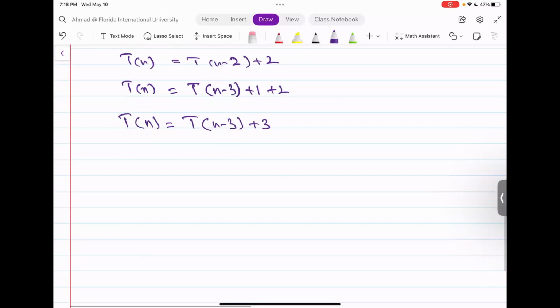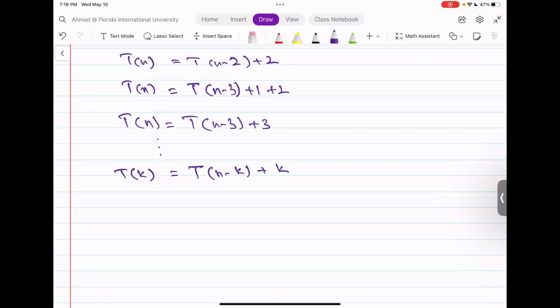Now, if I keep on continuing this, for t of n minus 4, n minus 5, for some value of k, I'm going to get t of n minus k, because I'm going to substitute t of n minus 1, n minus 2, n minus 3, n minus 4, n minus 5, and at some point at n minus k, what I'm going to get is this value.